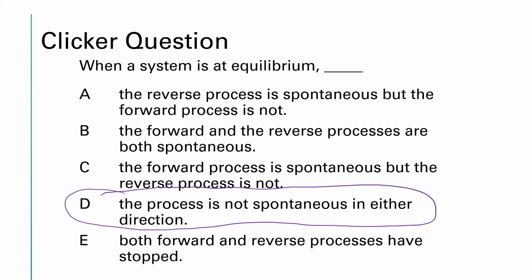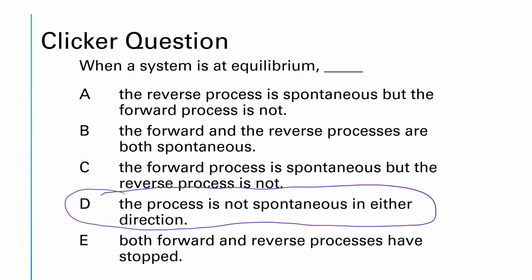Yes, the reaction does continue to take place in both the forward direction and the reverse direction at the same rate. So there is no overall shift in the position of the reaction. So when we say that the reaction is spontaneous in the reverse direction, we mean it is spontaneous for products to be converted to reactants, net, overall.